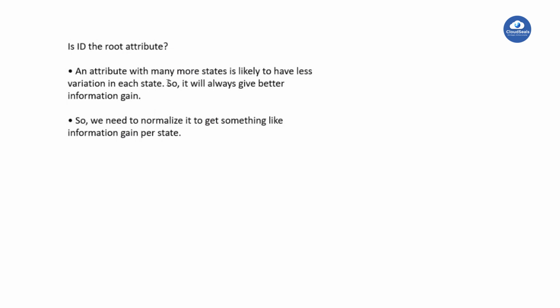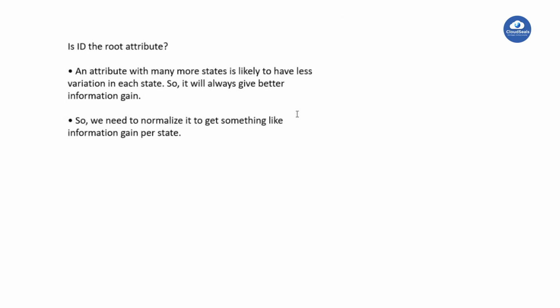An attribute with many more states is likely to have less variation in each state, so it will always give better information gain. So we need to normalize it, something like information gain for state. If we have different states, the variation within the state is very less.